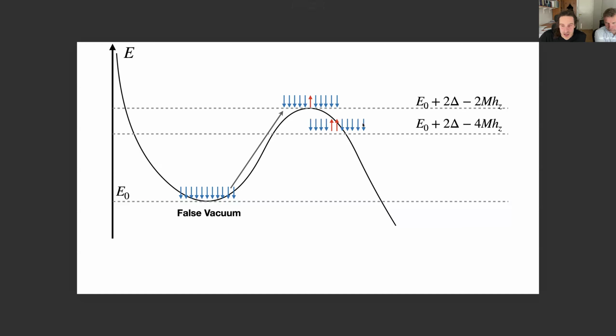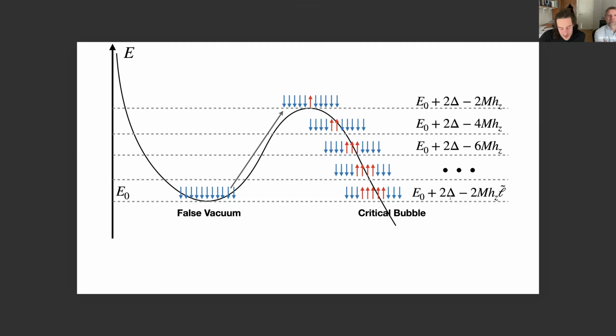But if the particles start to be further apart, you gain some energy because of the domain which is actually the true vacuum, enclosed by these two domain walls. And if you go further, you get to the point where you may compensate, with the true vacuum in the bubble, the energy price that you pay to create the two particles.